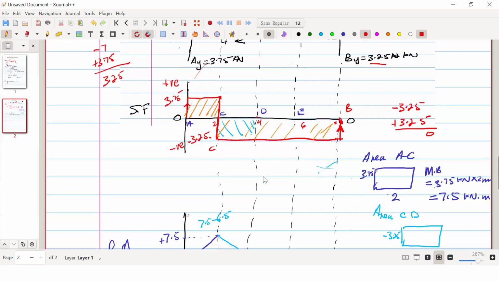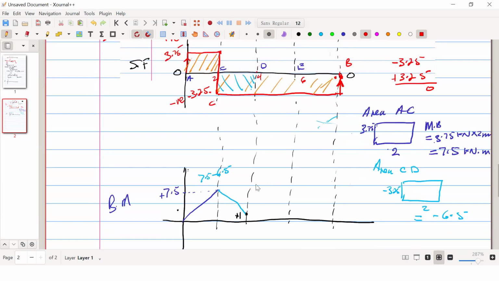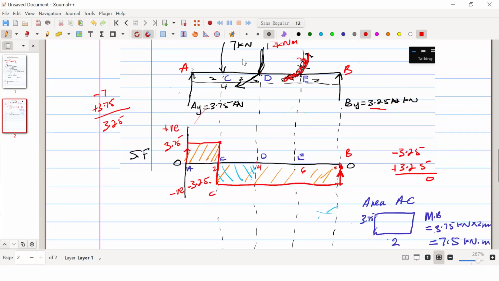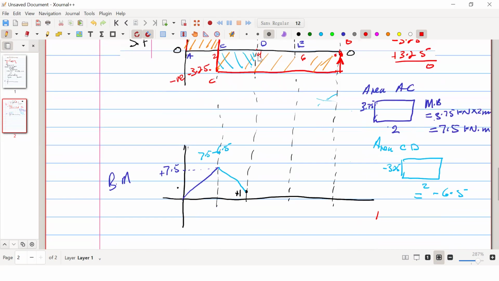So when you add it into your graph, you're going to be adding it to 1.